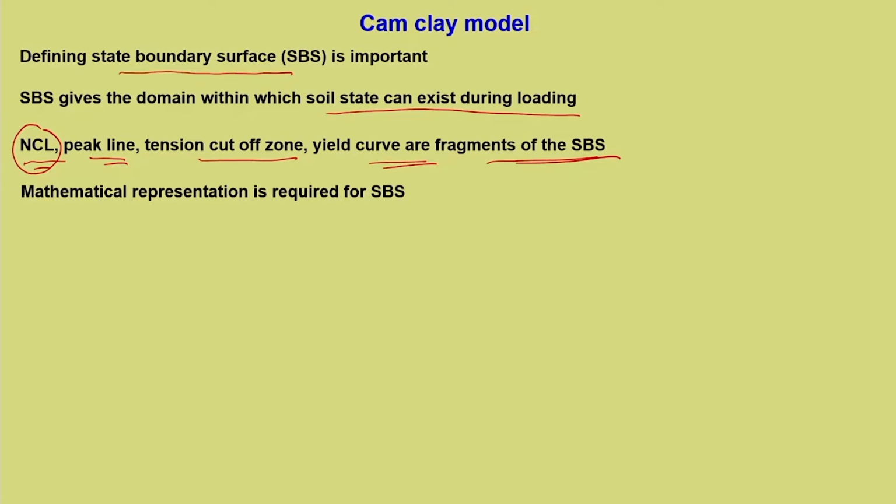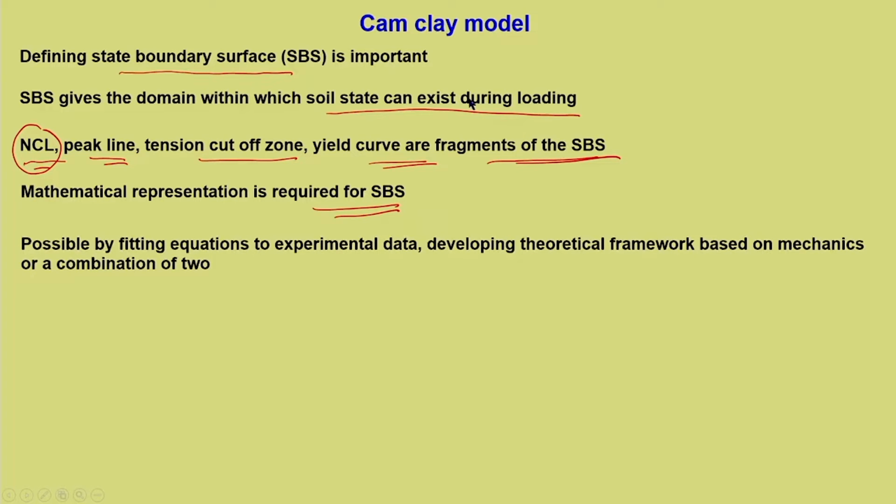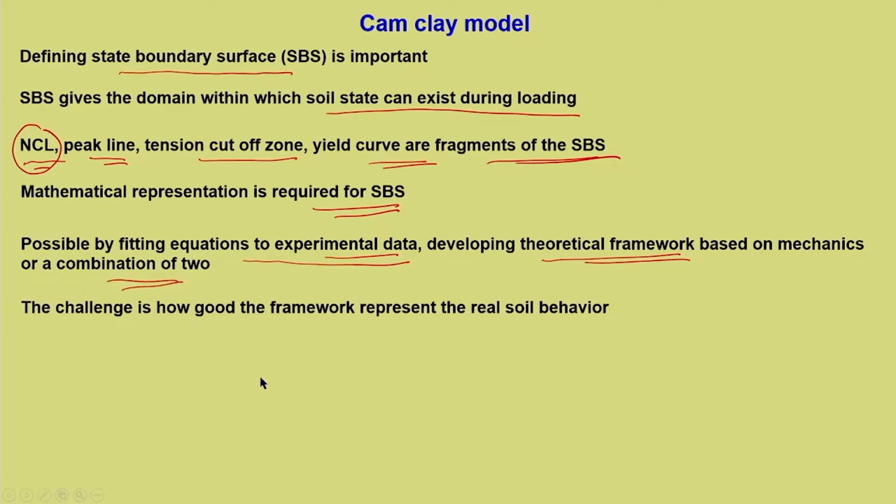Mathematical representation is needed for SBS, then only it will be useful for engineers. This is possible. Now, what is possible? Mathematical representation is possible by fitting equations to experimental data, developing a purely theoretical framework based on mechanics, or a combination of the two. Now, the biggest challenge is how good the framework represents the real soil behavior.